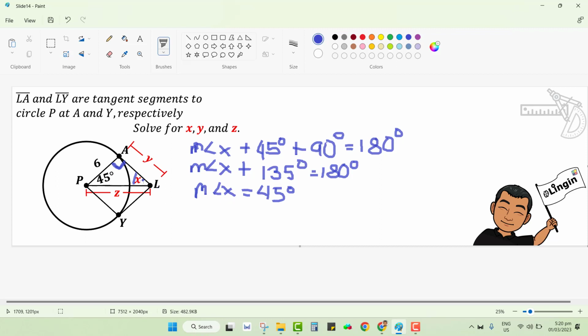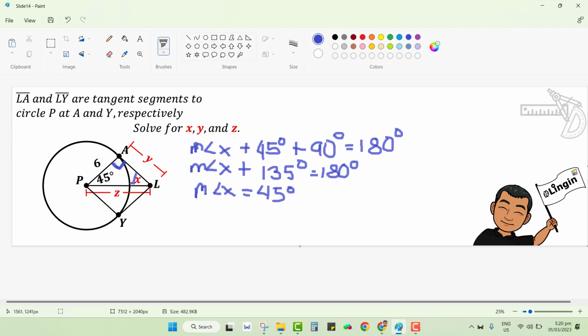So the measurement of angle x is 45 degrees. By the way, the bottom triangle also has the same measurement. Here, this is also 45. This would also be 45. But since that's not part of our discussion, we're not going to include that. There's also another theorem representing that.